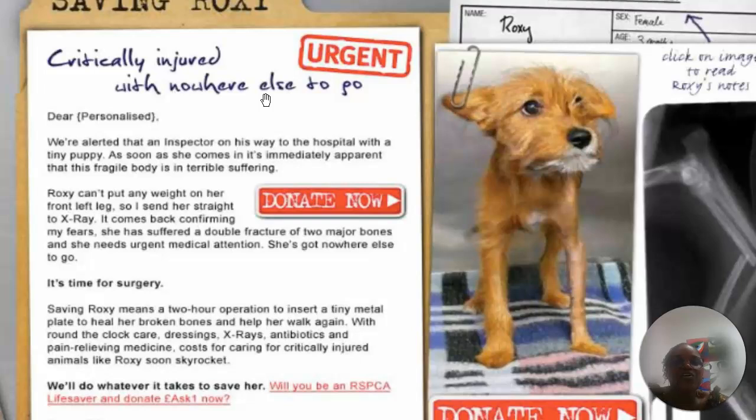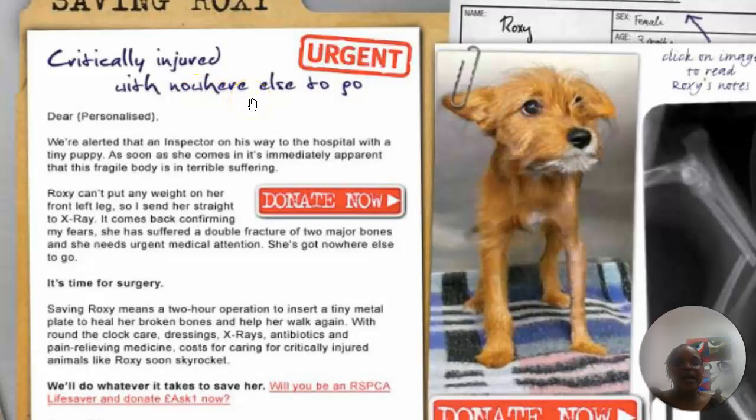The handwriting of the doctor is a testament, is evidence that the dog Roxy has been examined, and the findings, the doctor has determined that Roxy is critically injured with nowhere else to go. Now, that is something that also appeals to ethos, because it is the doctor's handwriting that is justifying that this dog is injured. That is just by looking at the subtitle.